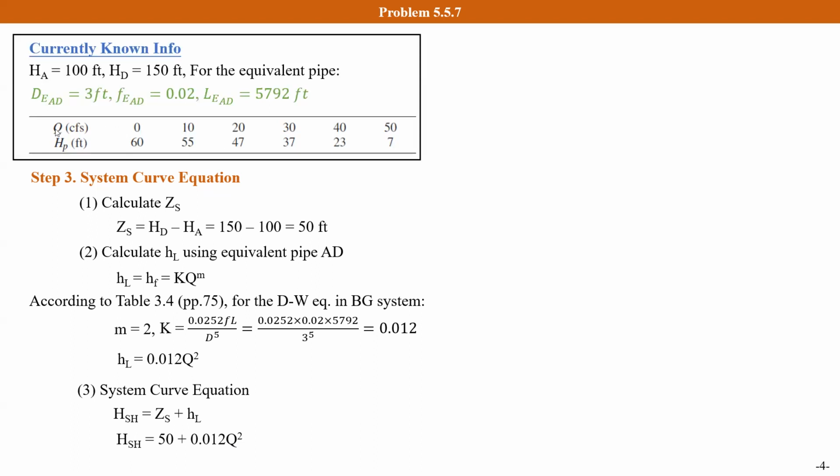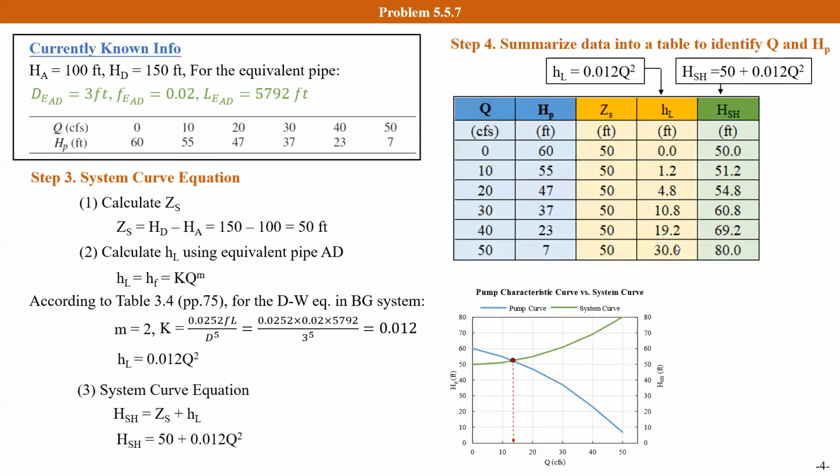Then we can bring the values of the flow rate provided in the pump characteristics into these two equations. Then we can get the table listed here, which summarizes all the information.